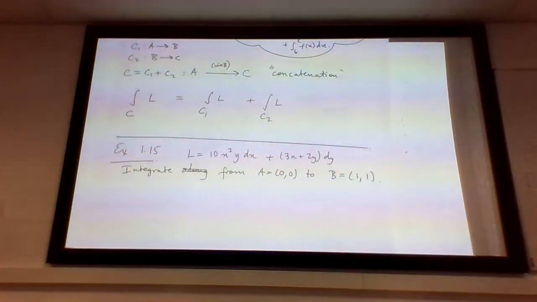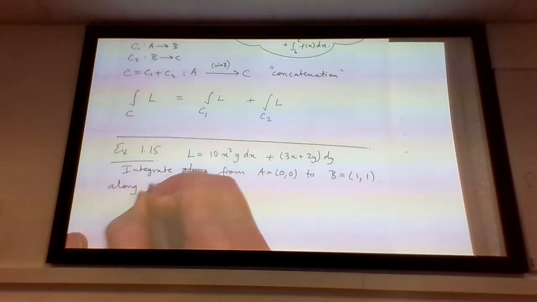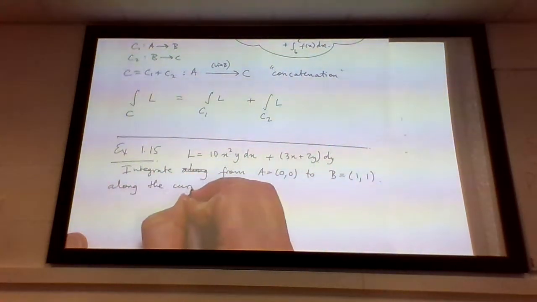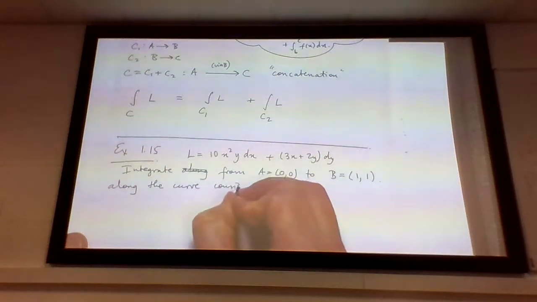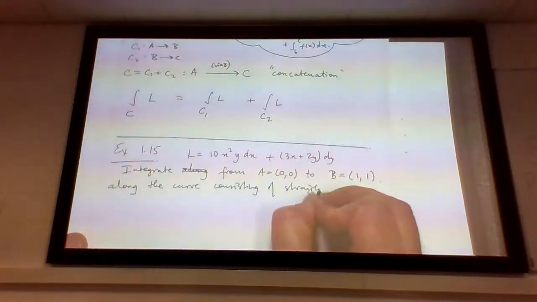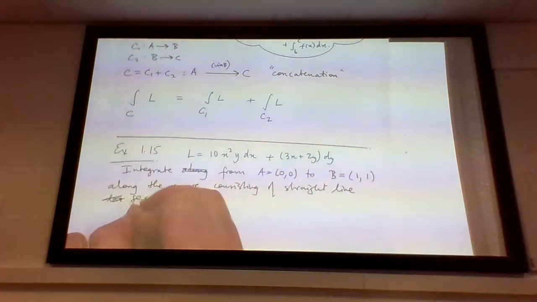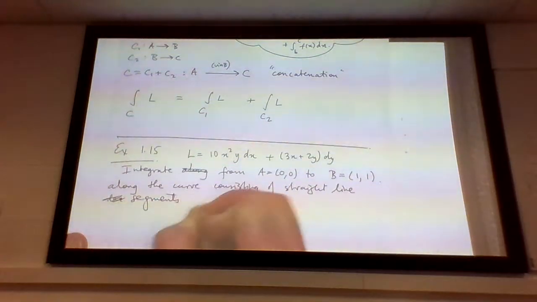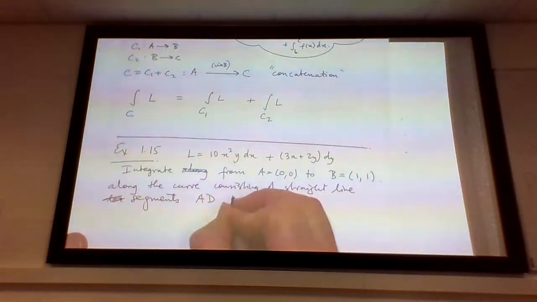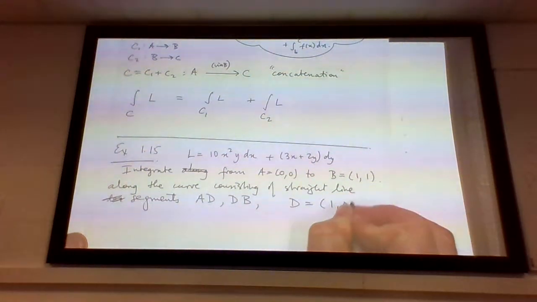So it's the same starting and end points, but this is the curve consisting of straight line segments. Straight line segments A to D and D to B, where D is the point 1, 0.